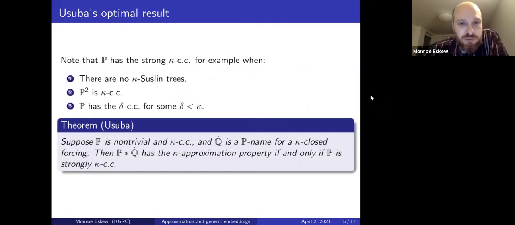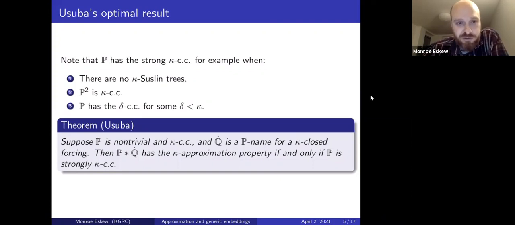So this is actually a pretty broad class of forcings. For example, if P is Kappa CC and there are no Kappa Suslin trees, then it's strongly Kappa CC. If P squared is Kappa CC, then it's strongly Kappa CC, just because a Suslin tree squared is well known not to be Kappa CC.